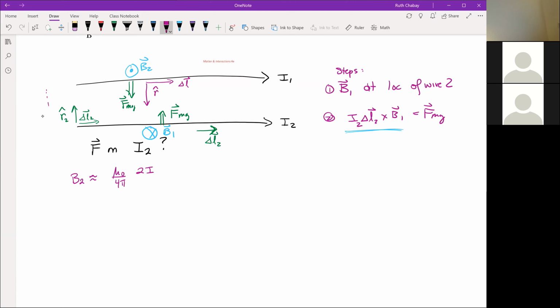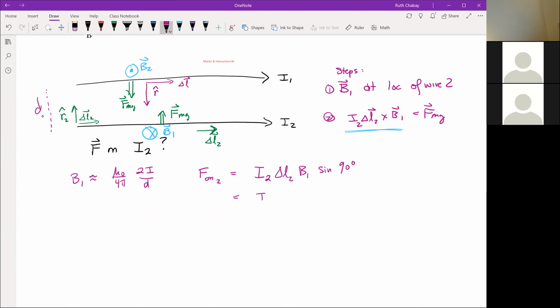We'll call this distance D. So force on 2 would be I2, the length of wire 2, delta L2 times B1, sine of 90 degrees.